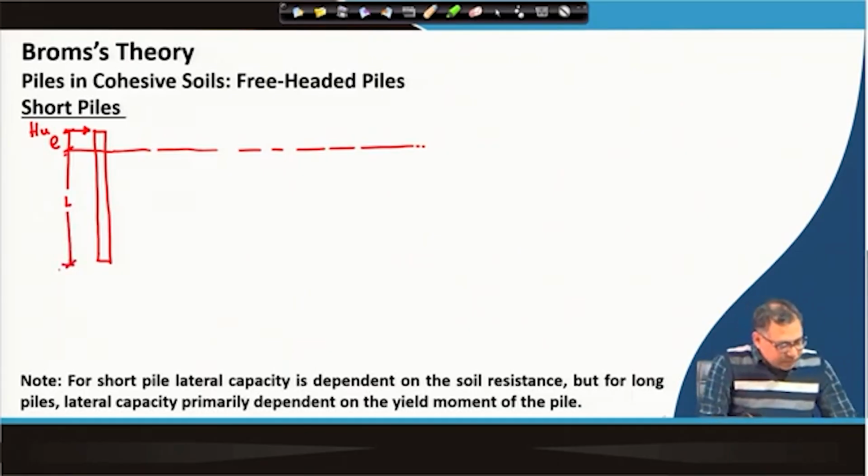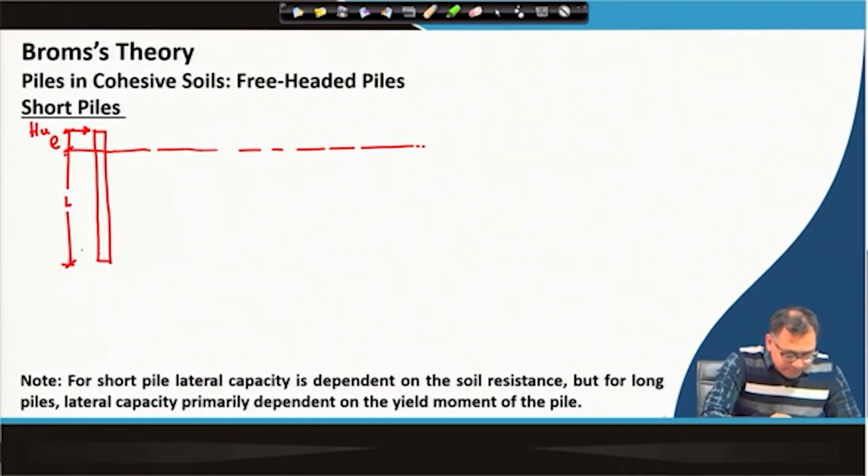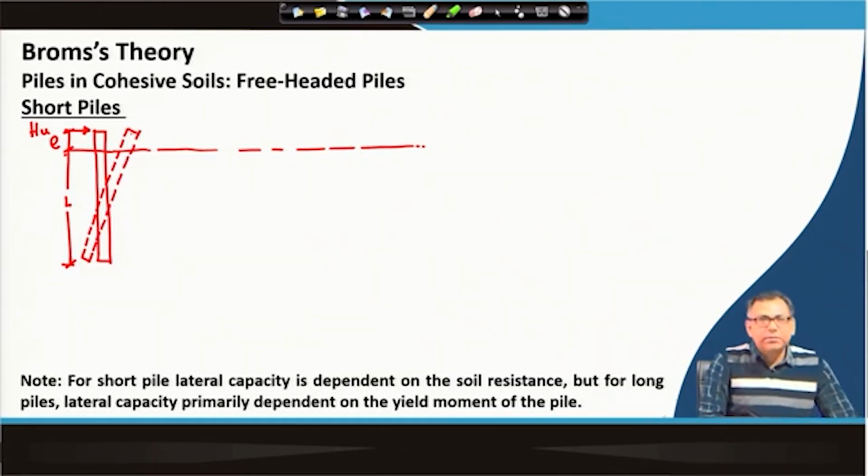Okay. So, now as per Broms theory, as it is a short pile, the pile will rotate about a point within the pile. So, this is the rotation of the pile.